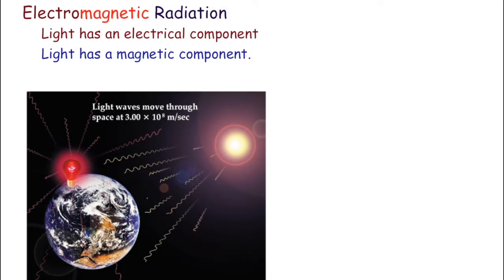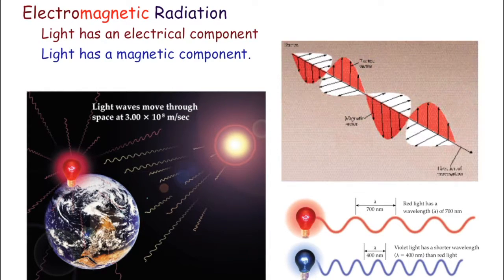So let's take a look at light, which is also called electromagnetic radiation. There are two components of light basically, and these components are electrical and magnetic. And so these are shown here. Light's actually a wave. It's a form of energy.